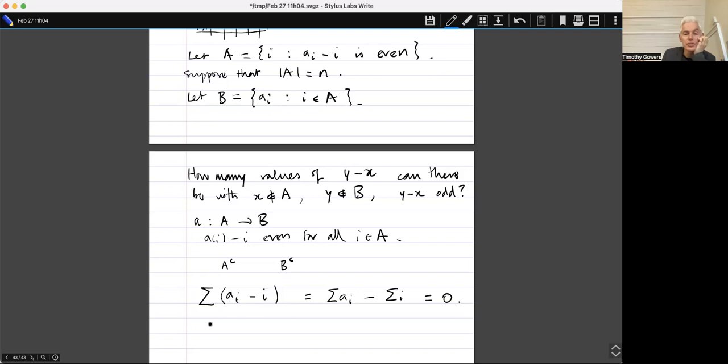So if these are all distinct, that's telling me that... So if these numbers are in fact the numbers 0, 1 up to n, then I need that 0, 1 up to 2n minus 1. 0 plus 1 plus ... plus 2n minus 1 is congruent to 0 mod 2n.